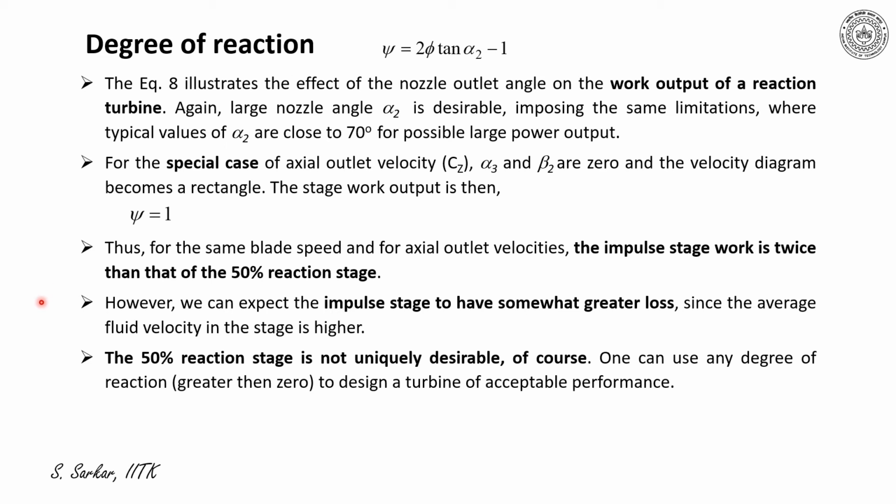However, we can expect that the impulse stage has somewhat larger losses, since the average fluid velocities in the stage are higher than in the 50% reaction machines. Furthermore, the 50% reaction stage is not uniquely desirable, of course. One can use any degree of reaction greater than 0 to design a turbine of acceptable performance.